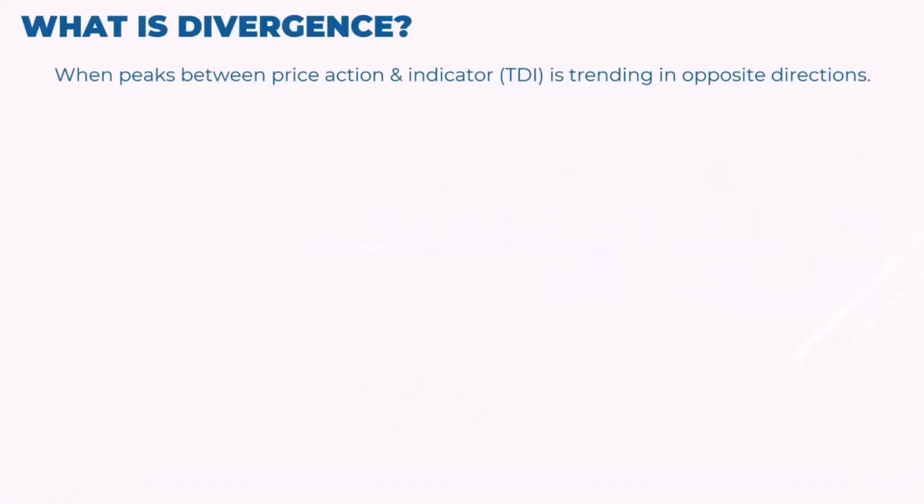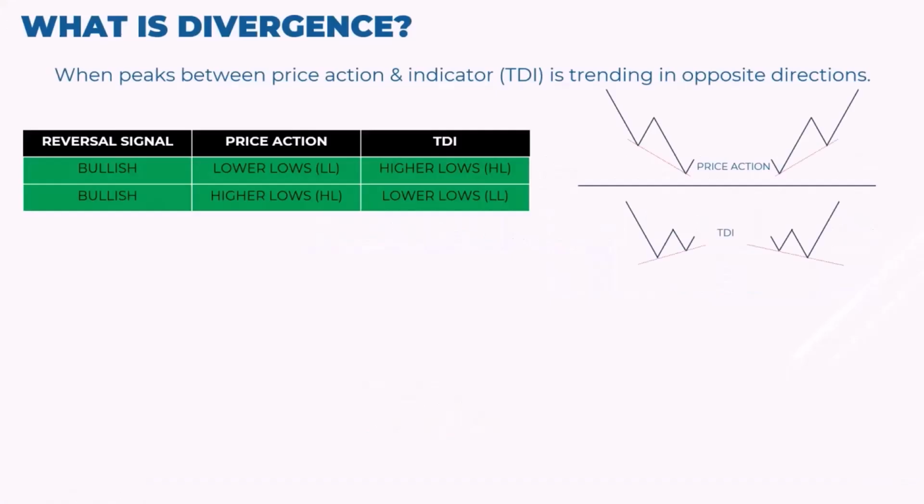All right, so let's talk about it. You're going to have bullish signals that come from divergence. Let's say price is coming down, creates a low, creates a lower high, and then creates a lower low. Then you look at the TDI, and the TDI has created a low and a lower high, but it created a higher low.